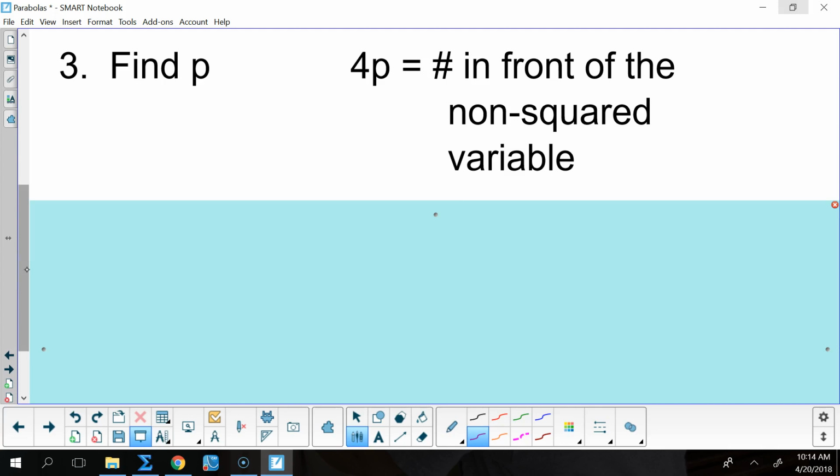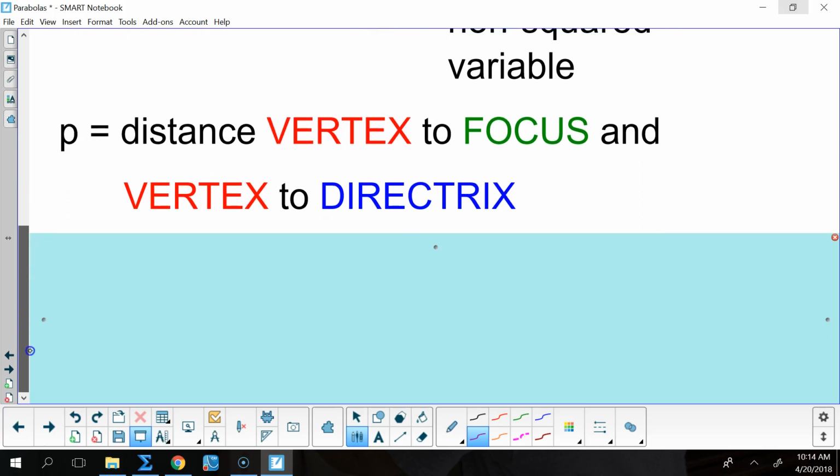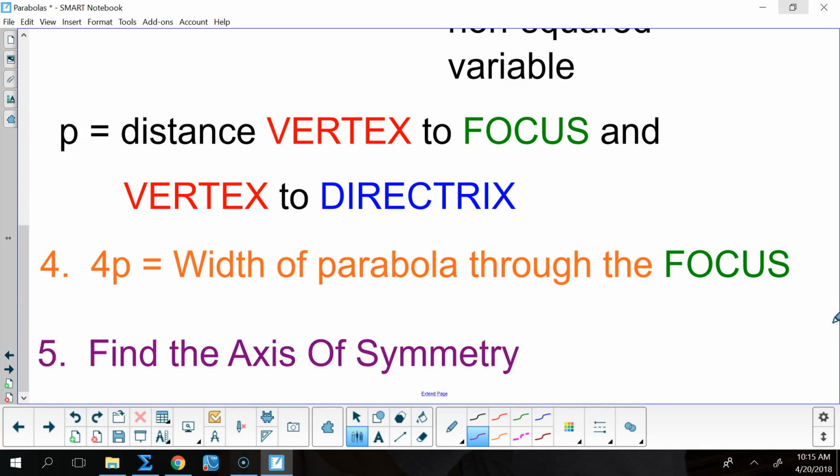That's important because P is the distance from the vertex to the focus and from the vertex to the directrix. Then 4p is also the width of our parabola through the focus. So we set that width, draw in our parabola, and then lastly, we add in our axis of symmetry.